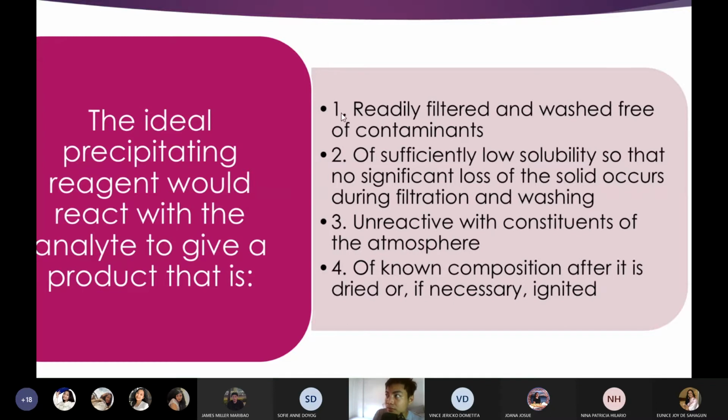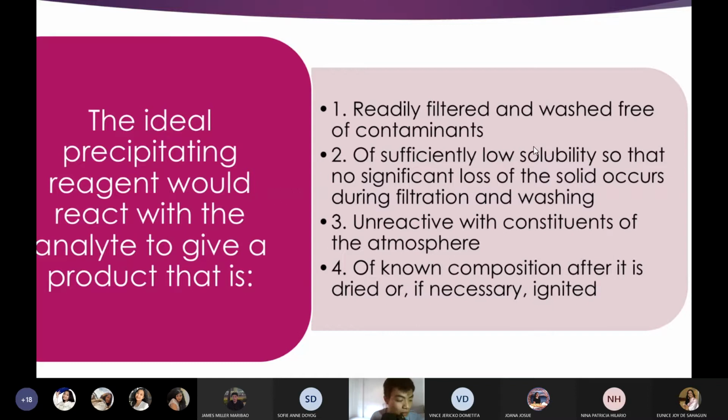So, first, your precipitating agent must be readily filtered; it's quick to filter and quick to clean, no? Because if it takes long to filter, you're the ones who will be stuck in the laboratory, okay? So you choose the ions that are selective so there won't be a huge amount of precipitates to filter. And next, you should choose a precipitating agent that will give you the lowest solubility.